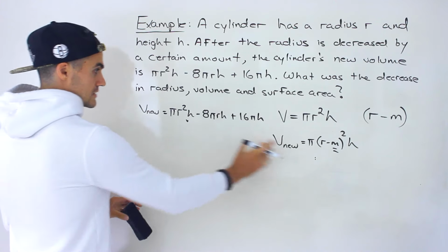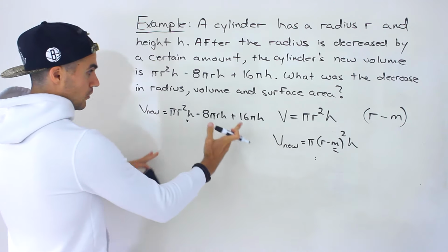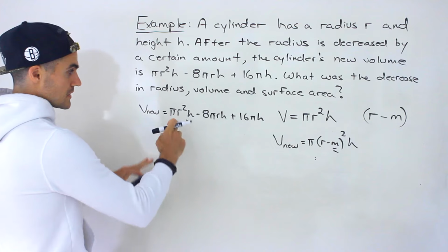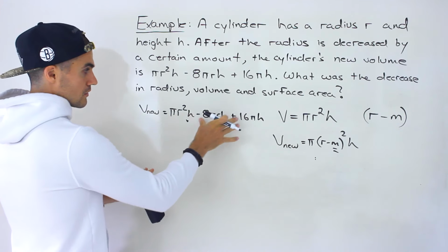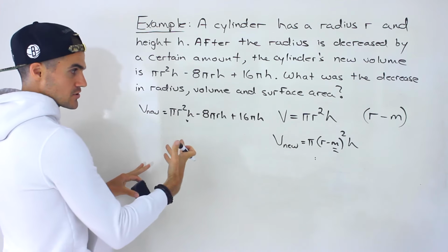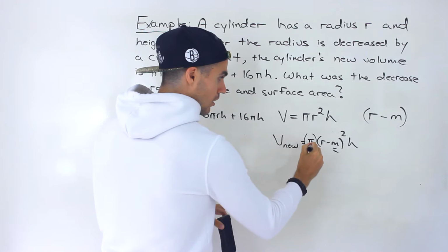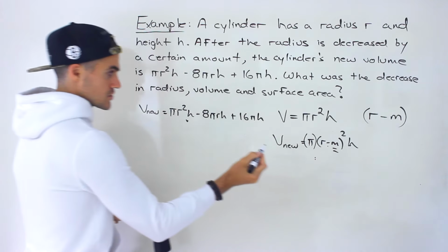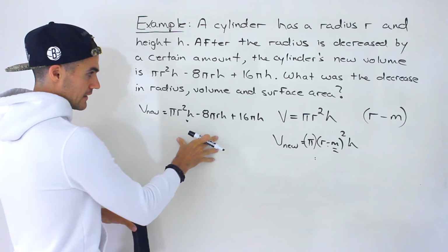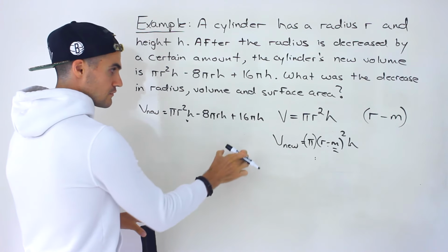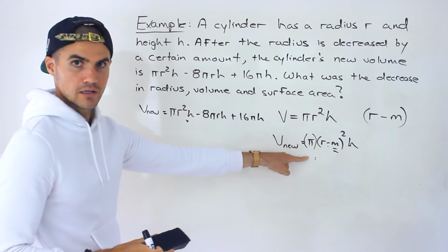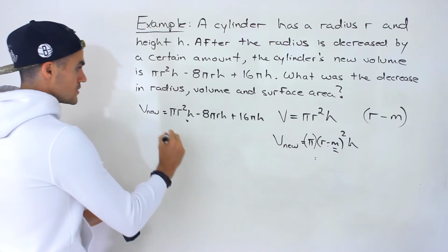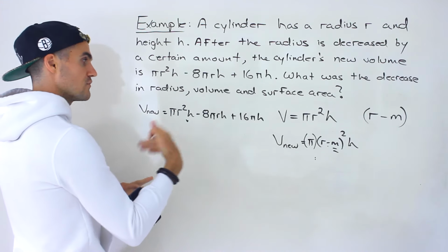Okay, so let's try to get in this format. How do we do that? Well, we've got to take this and factor it, because notice here we are adding and subtracting expressions versus over here we are multiplying expressions. So we want to get an expression here where we're multiplying factors, and then hopefully it will be in that same format. So first thing we look for, can we factor something out?